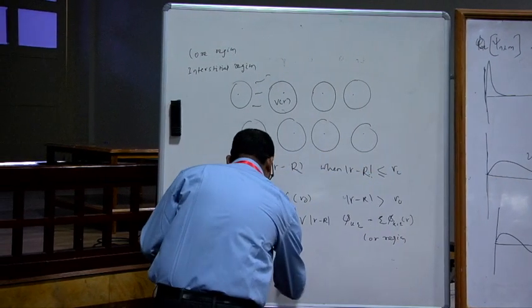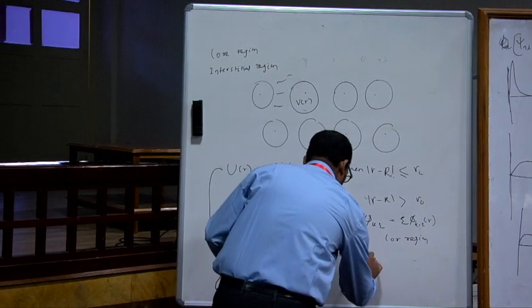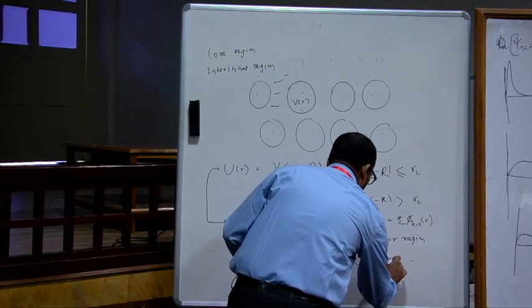And phi k(r) is equal to e to the power i k dot r in the interstitial.